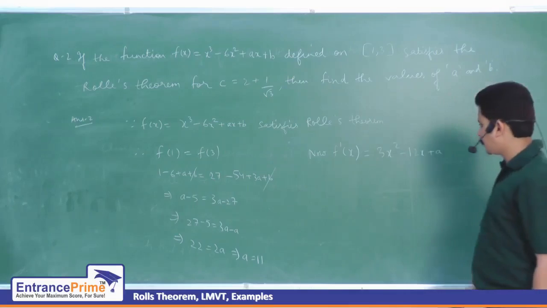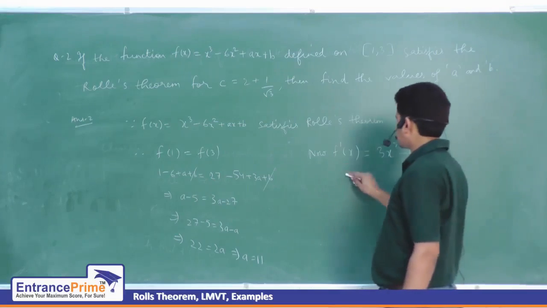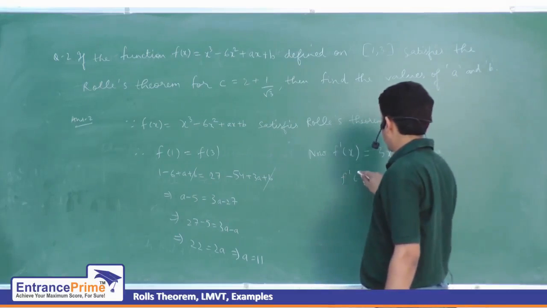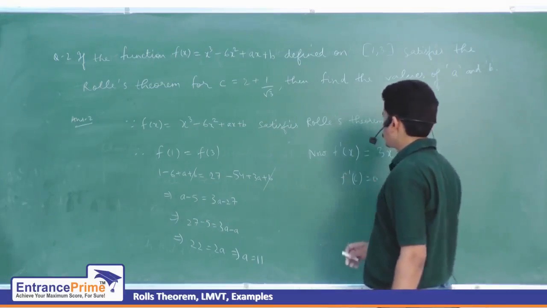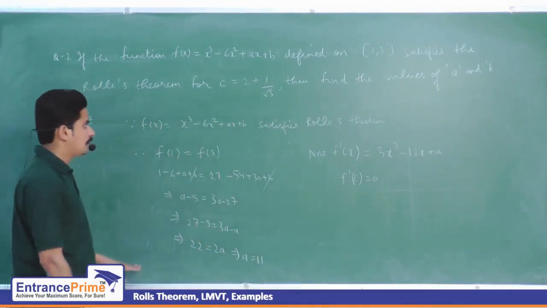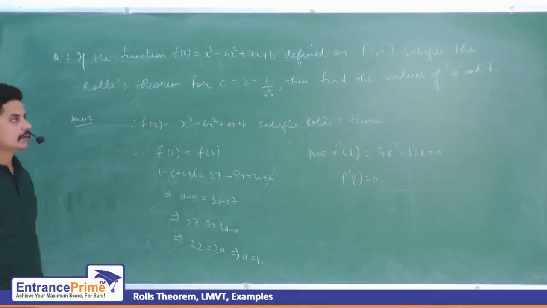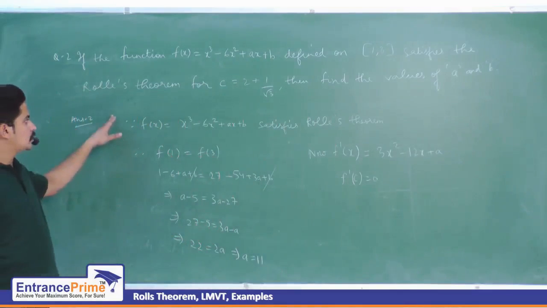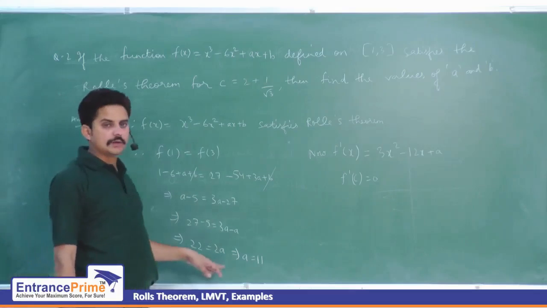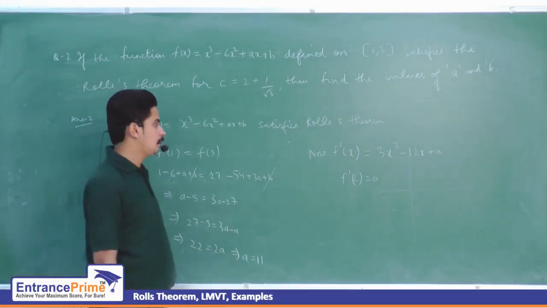So even if we put the value of c, which is 2 plus 1 by root 3, we will again get the value of a. We are not going to get the value of b. Both the results are independent of b. So the equation is holding for a equal to 11 irrespective of the value of b. So b can be any real number.